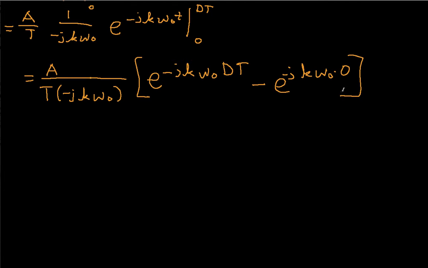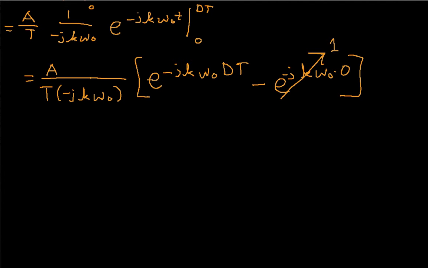Now we can start to simplify things. First off, we have e to the stuff times 0, so it's e to the 0. This just becomes 1 because e to the 0 is 1.